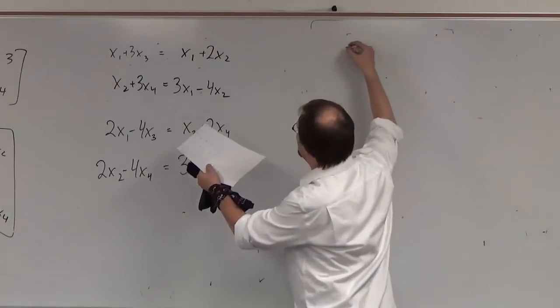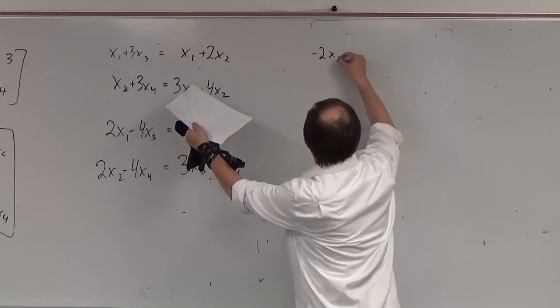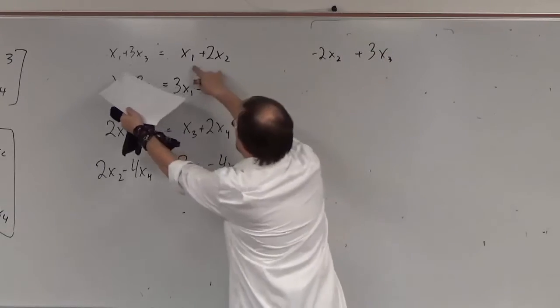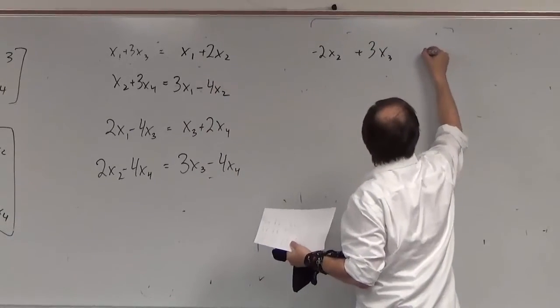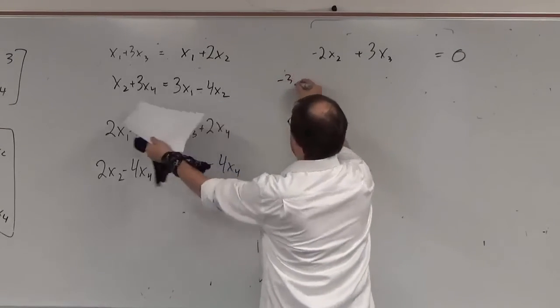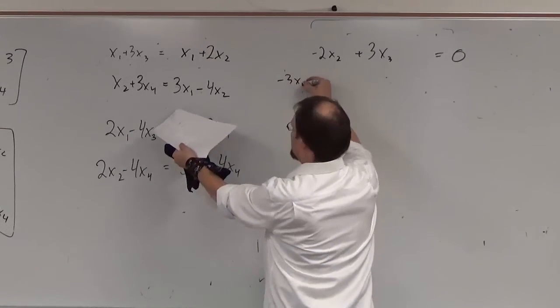So I get, of course, the x1s, you can subtract them off on both sides. I'd probably bring everything to the right here, but whatever.